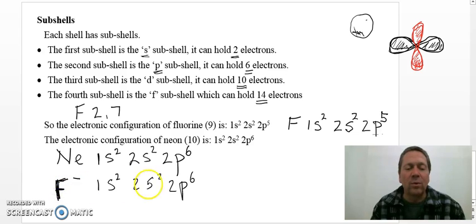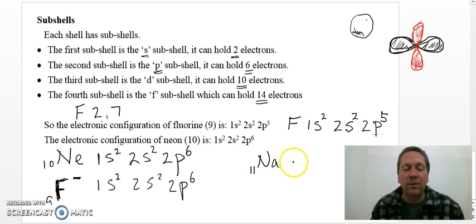Well, the octet rule tells us that a negatively charged fluorine ion has got the same electronic configuration as neon. Now there's another element which has one extra. So fluorine is 9, neon is 10, and sodium is 11.